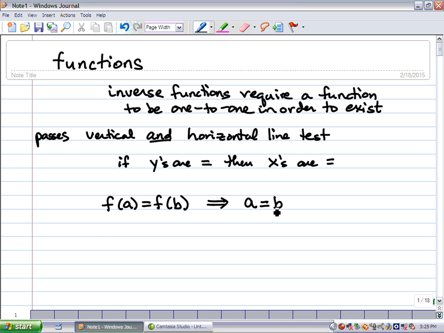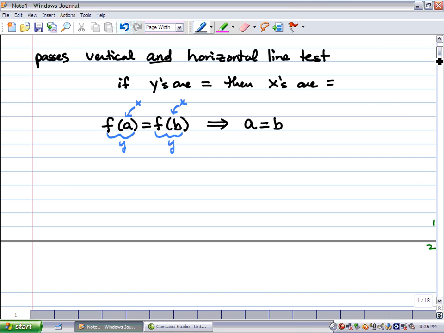This is really another name for y, right? So if this y equals this y, then the x's that I plugged in for them must be equal. So this is how we write a proof of a function being one-to-one.